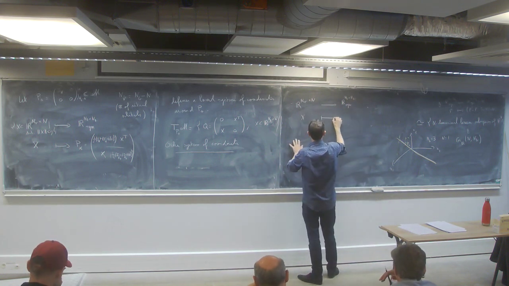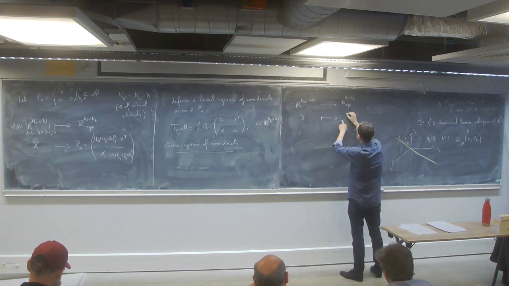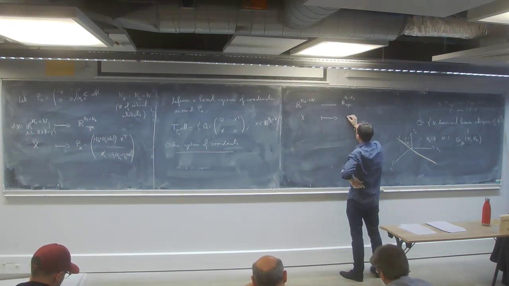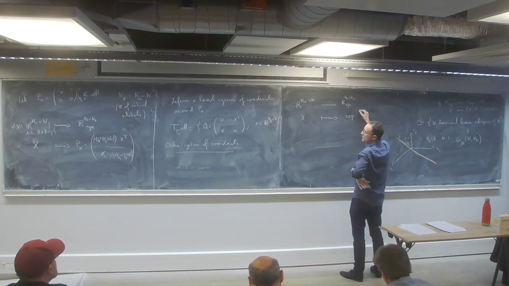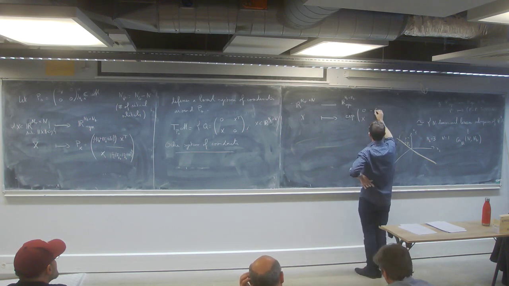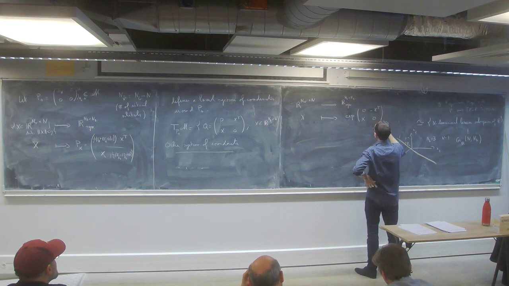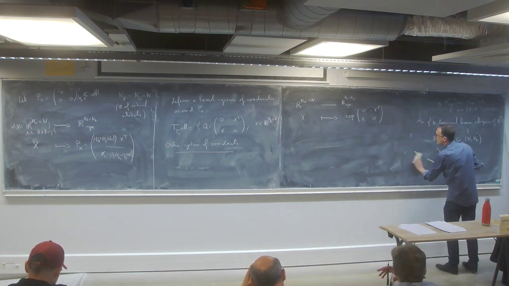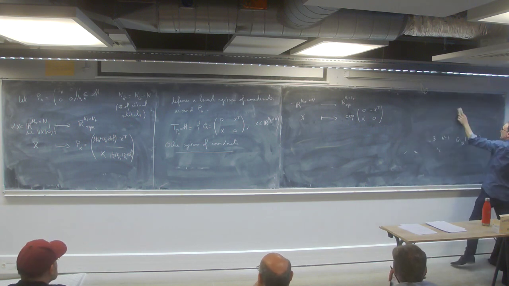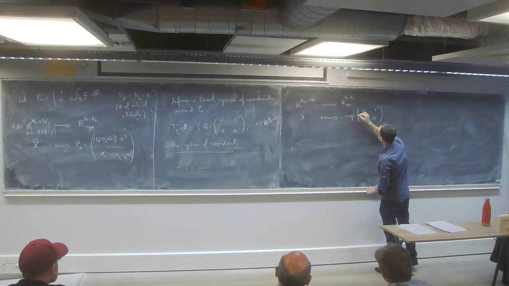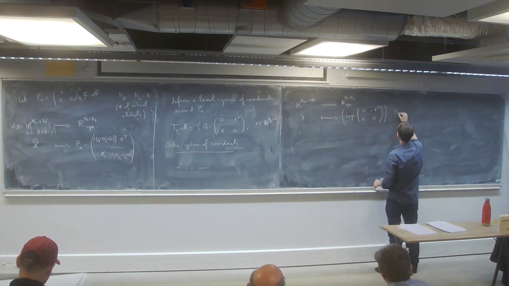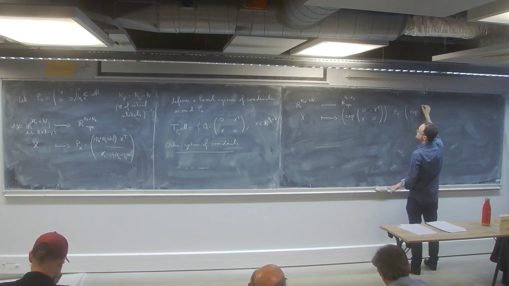You take a matrix X, and you compute the exponential of 0, X minus X star, 0, then you put P naught, and then you put the exponential of 0, X, minus X star, 0.